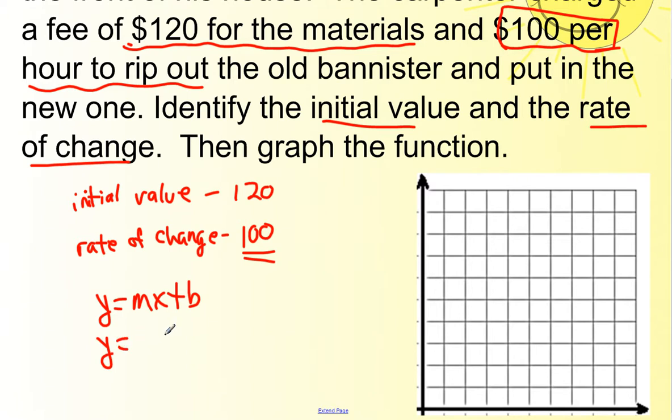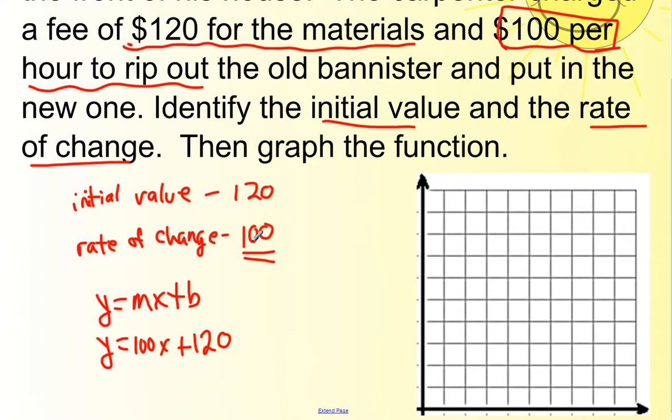The initial value, the starting value, is our b. That initial value is our y-intercept. Our rate of change, how much it's changing every hour, that is our slope.